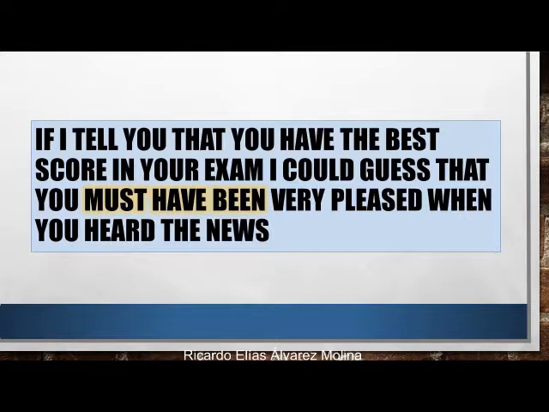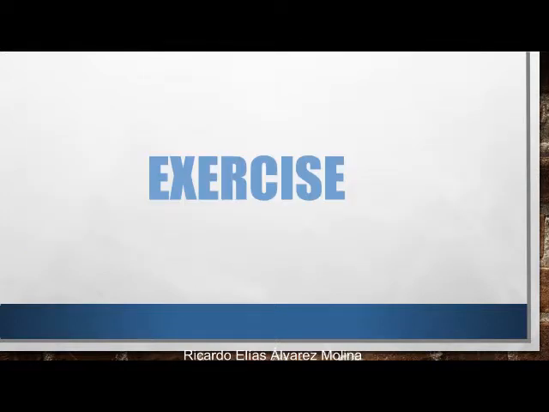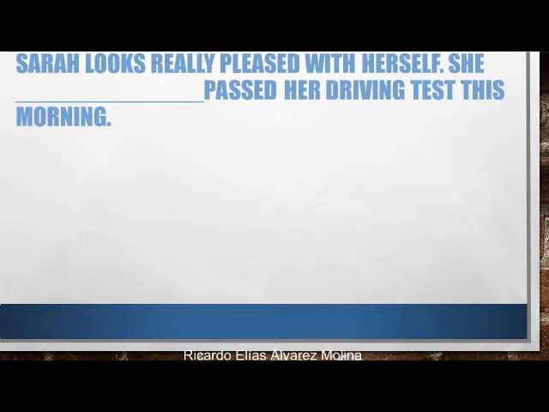Right now, I'm going to give you an exercise just to be sure that you learn when we use must have plus past participle when we talk about modals of certainty. Sarah looks really pleased with herself.